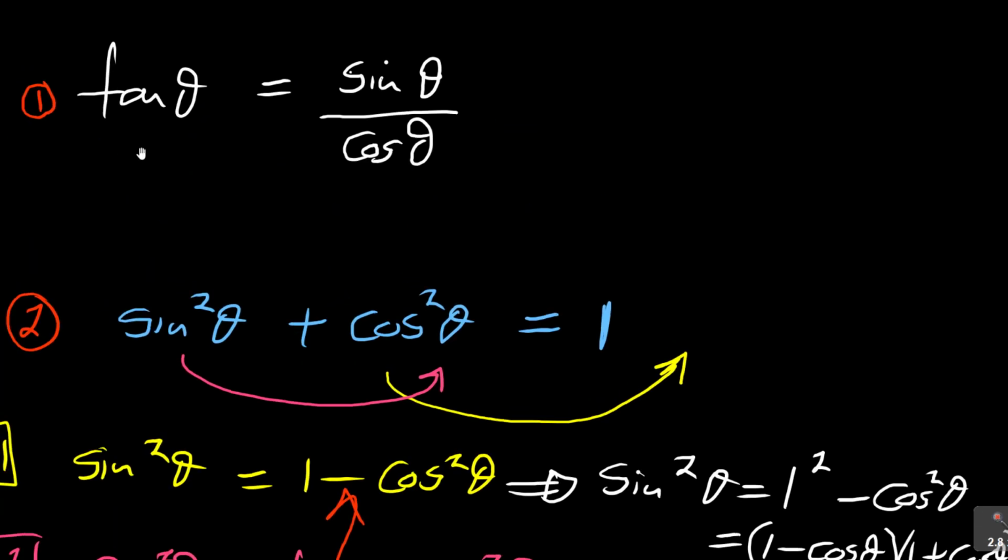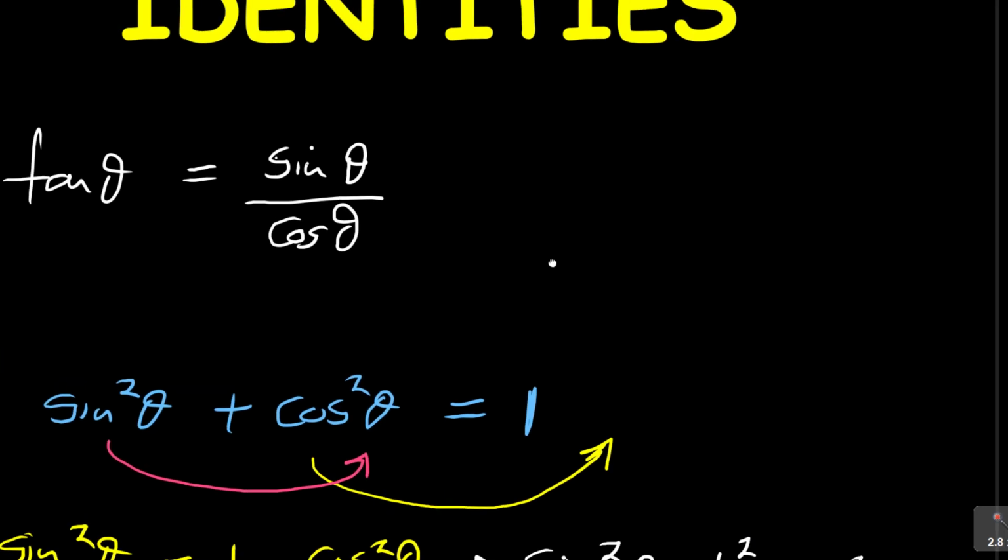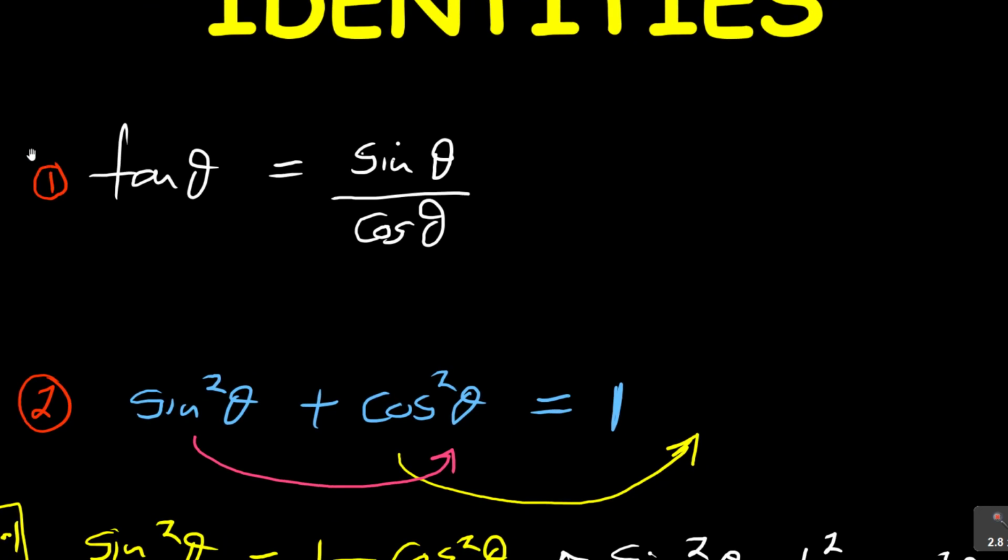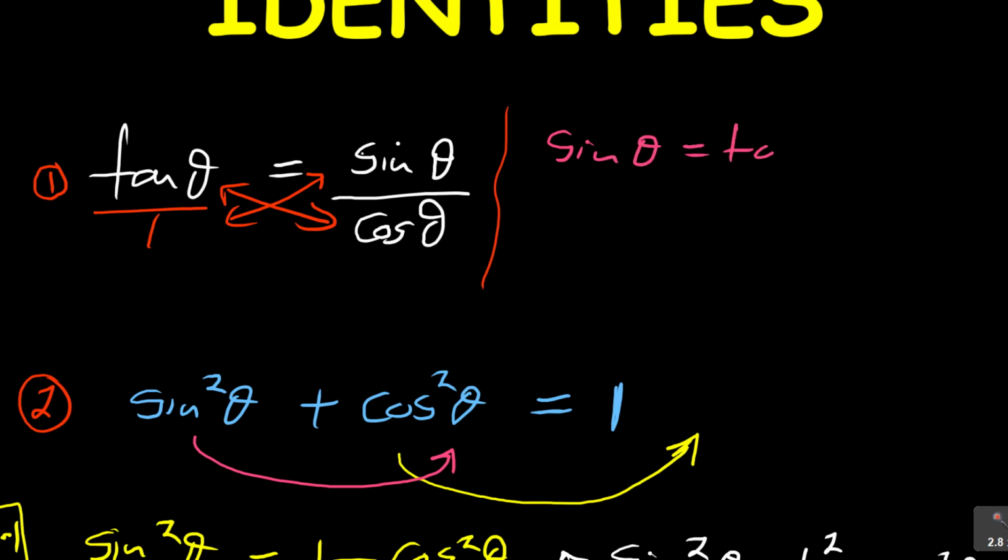And don't forget the first one to say tan theta is equal to sine theta over cos theta. But not much to say. Sometimes they can give you this one whereby they cross multiply over 1. When they cross multiply like that, you must know then to say in this scenario, what is sine theta times 1, which is sine theta, is equal to tan theta dot cos theta.